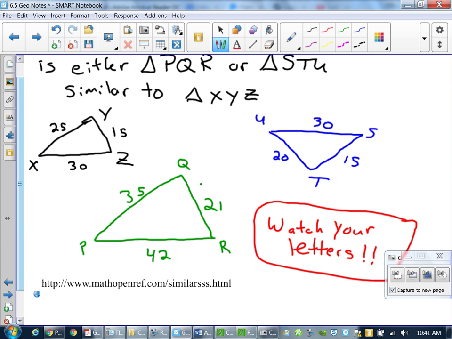So, in this case here, do they all simplify out? So I know that those two are similar. I do the same thing with the other one, just I write out the letters again, check the numbers. 15, 20, 30? They're not similar.